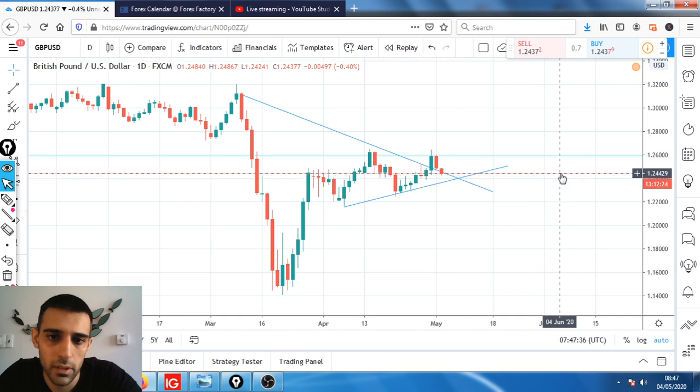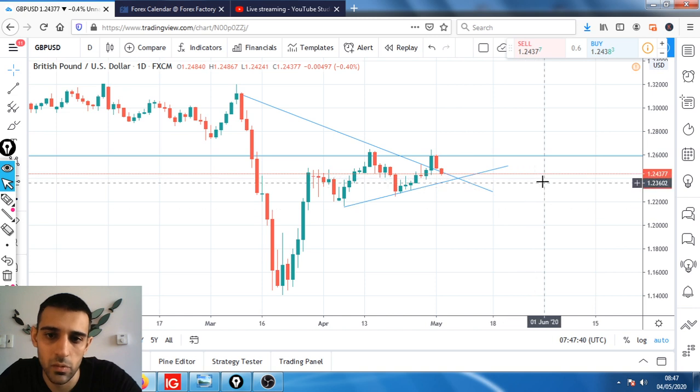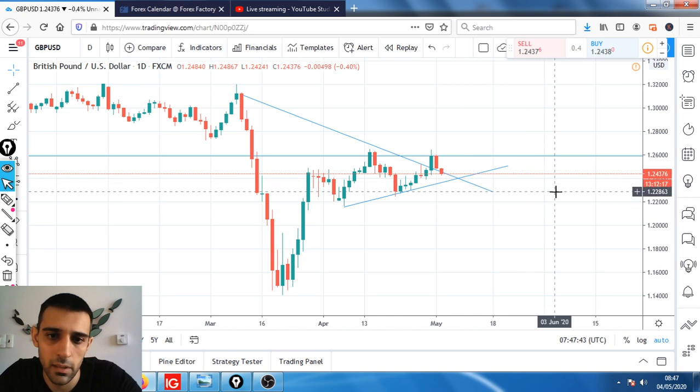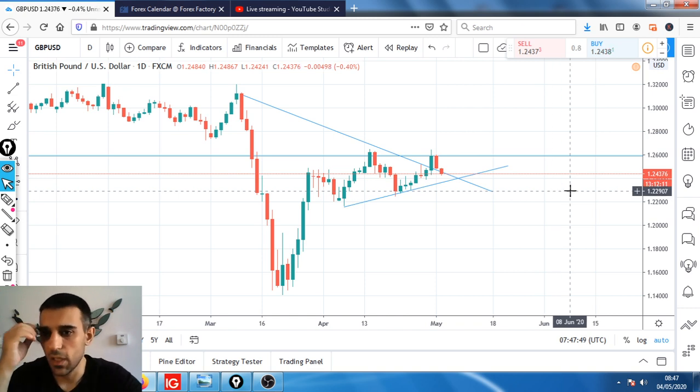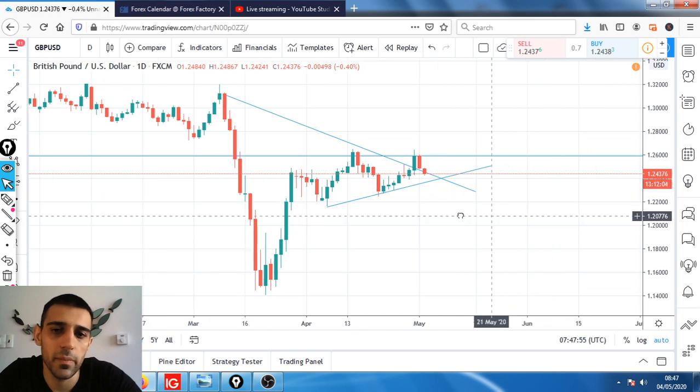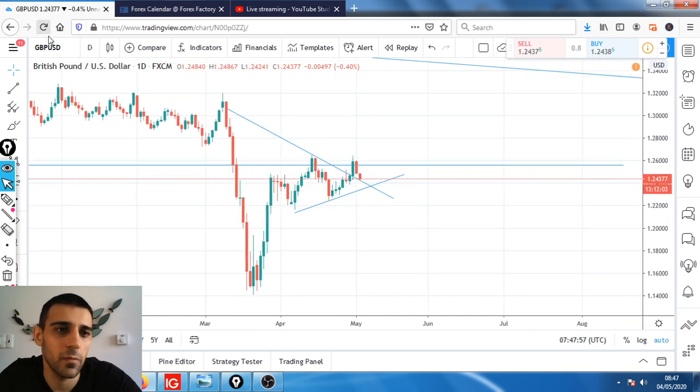Okay, so we've got this support where the price is currently sitting at the moment, which is already a support zone. The next one is down in this zone, 122.90, so it's quite far, about 140 pips away. So this is a bit too steep for day trades.